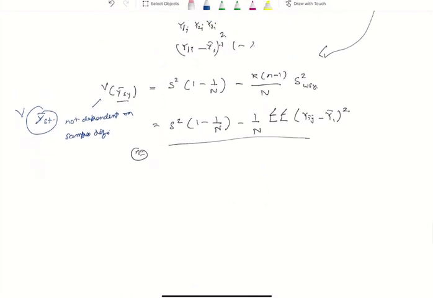But let's now think about what is the variance of y bar in simple random sampling without replacement.